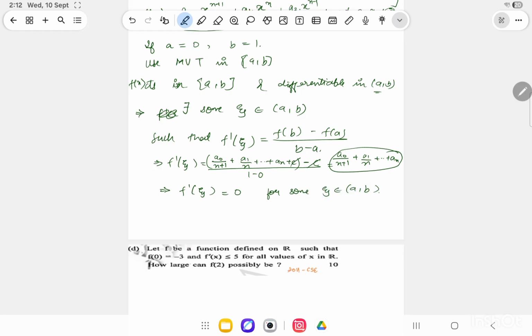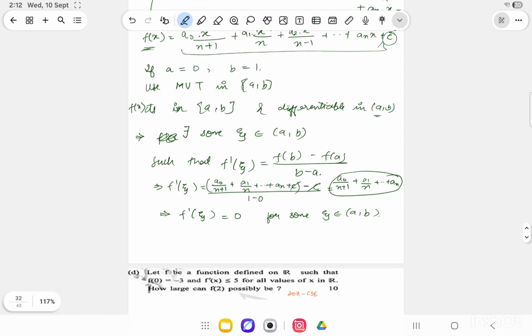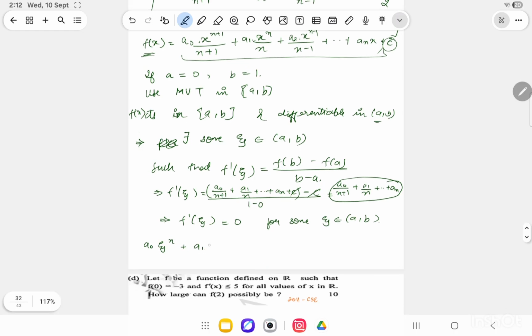So if I take the derivative of function f(x), I'll be getting a naught into xi raise n plus a1 into xi raise n minus 1 plus an minus 1 into xi plus an is equal to 0, where xi is in between the open interval (a, b).